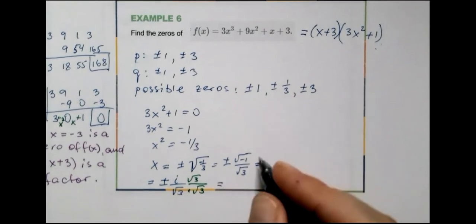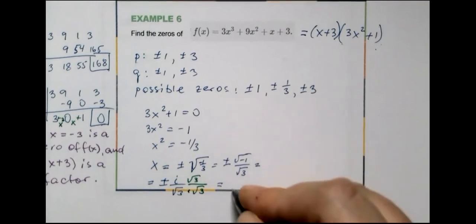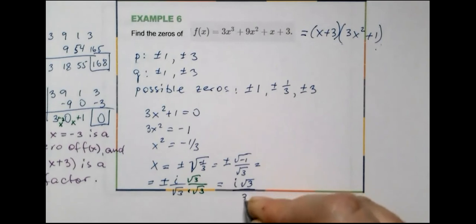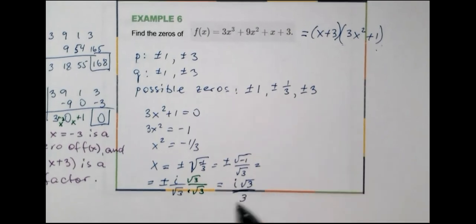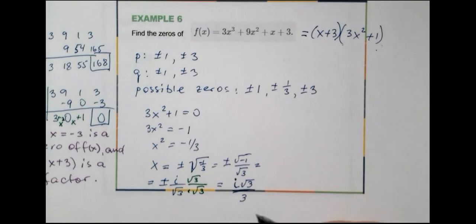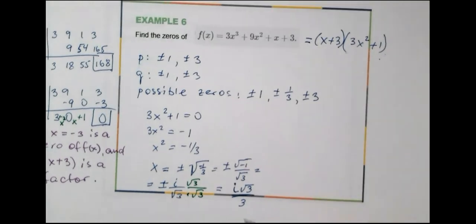So we have i root of 3 over 3. And again, I like to put i in front of the radical sign so that it doesn't look like it's under the radical sign. Okay, so here we have 2 more roots.